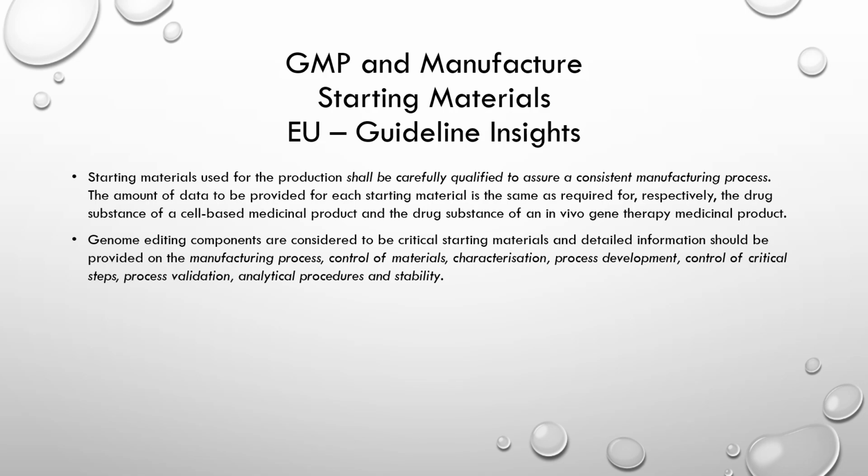And these are critical starting materials because the genome editing is what is responsible for giving the product its characteristics. So it is intuitive that it would be a critical starting material, because that has a direct relationship with the efficacy and the safety of these products.